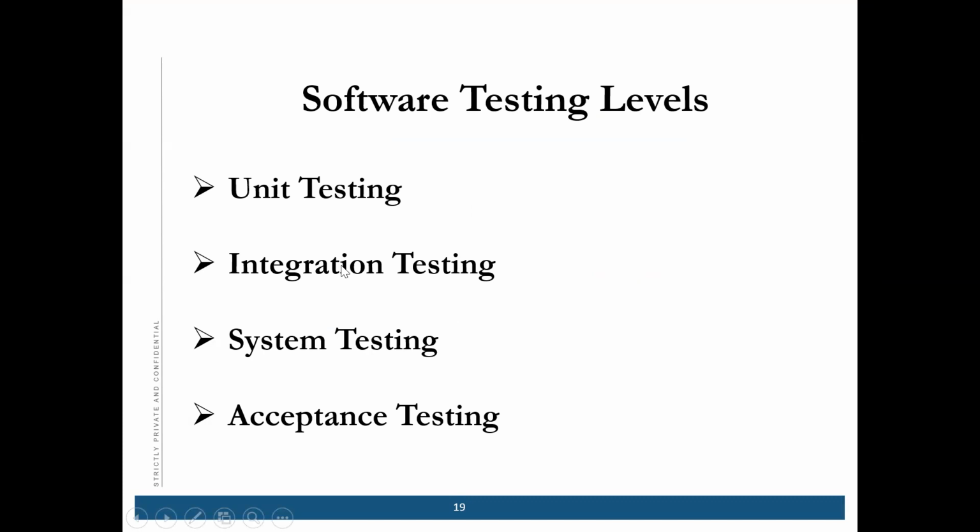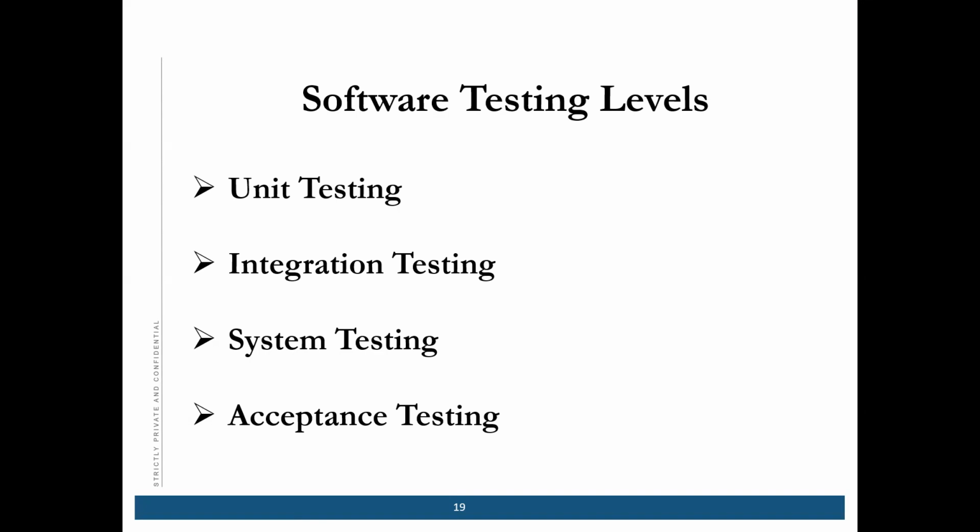That is integration testing. System testing means when all the modules are ready and you are doing testing of the whole system of your application. That is called system testing.